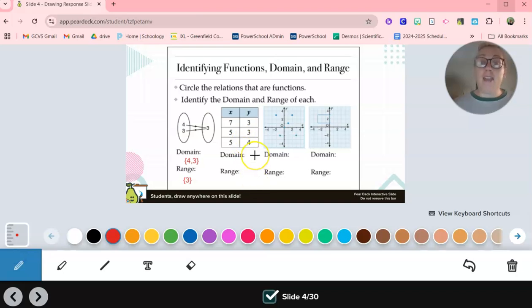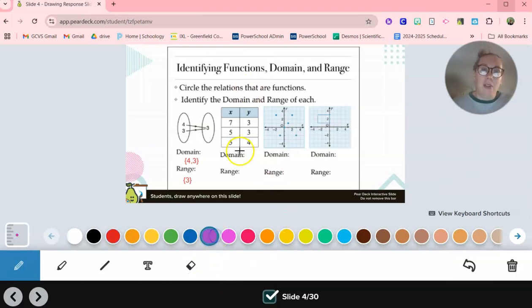But this is okay. Two different inputs can have the same output. So if you go to a vending machine and you hit the number 4, you're going to get out a 3. Or if you hit the number 3, you're going to get out a 3. That's okay. What we don't want is if you hit the number 4 and you don't know what you're going to get because there are two different options.